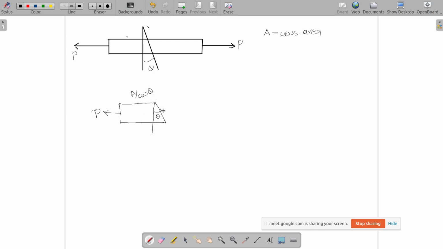Now we would like to get the value of normal stress on this plane and also shear stress on this plane. And what will be this angle here? That is going to be theta.